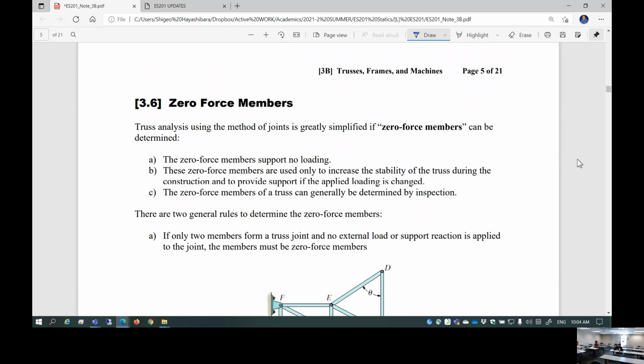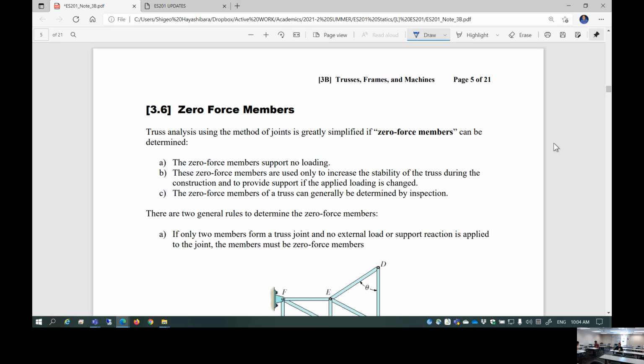Next page, page 5. This is actually one of the most important things before you start solving the truss problem. Now, the truss problem could be made up intentionally to confuse you.